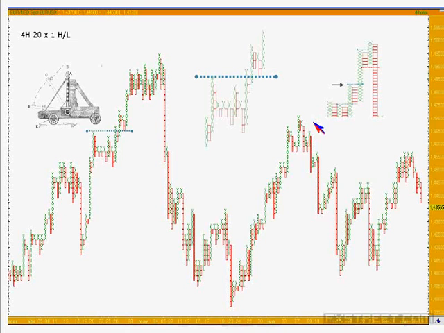And here we have the same price data, but in this case we took the 4-hour high and low instead of the daily.